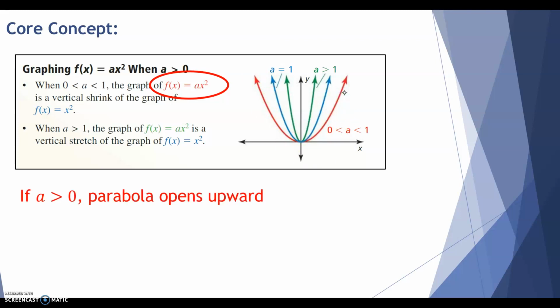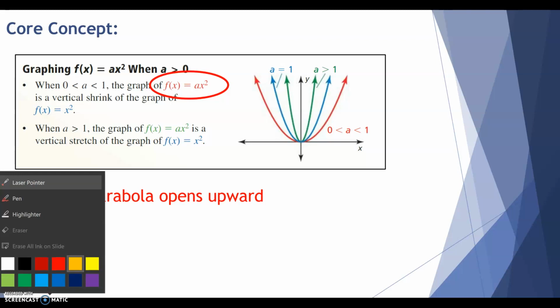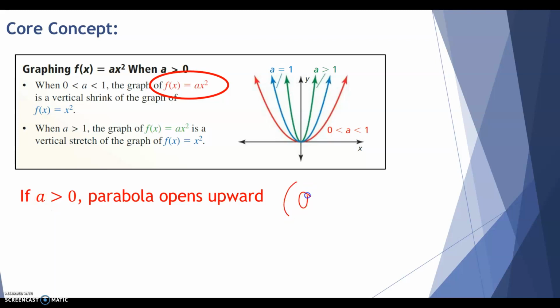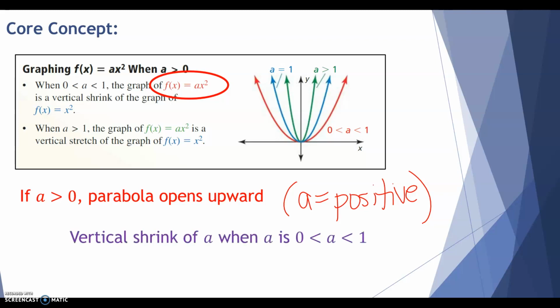So when A is greater than 0, so pretty much when A is positive, you have an open parabola, okay? And then you have a vertical shrink of A when A is between 0 and 1.